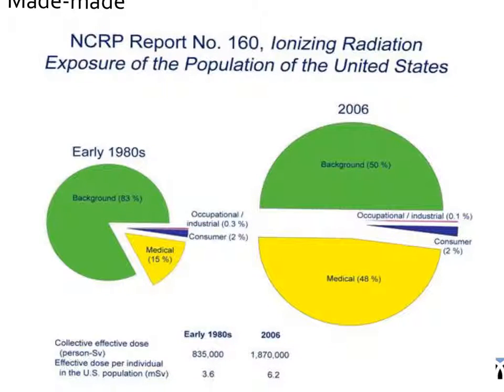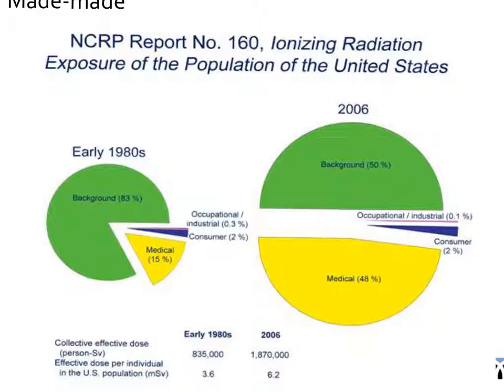And what you should first identify is that the size of the pie is larger. So larger pie, larger exposures are taking place. And what you can see is that where change is taking place is that the medical exposures are really dramatically growing. So when you look at consumer-based exposures, 2% versus 2%.